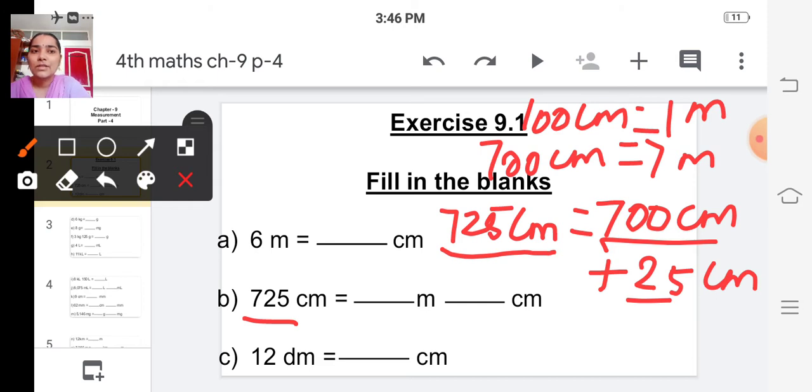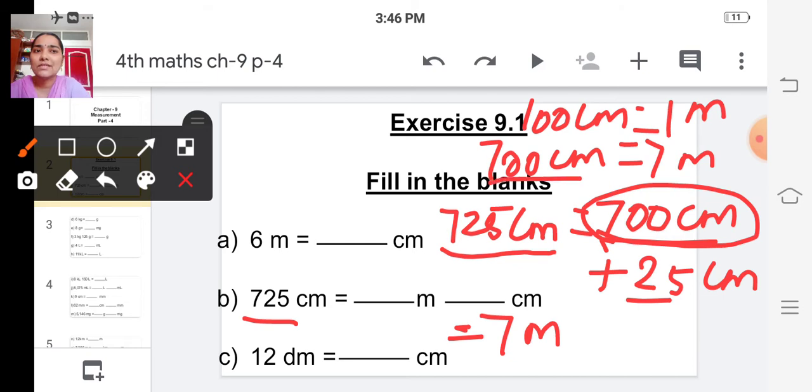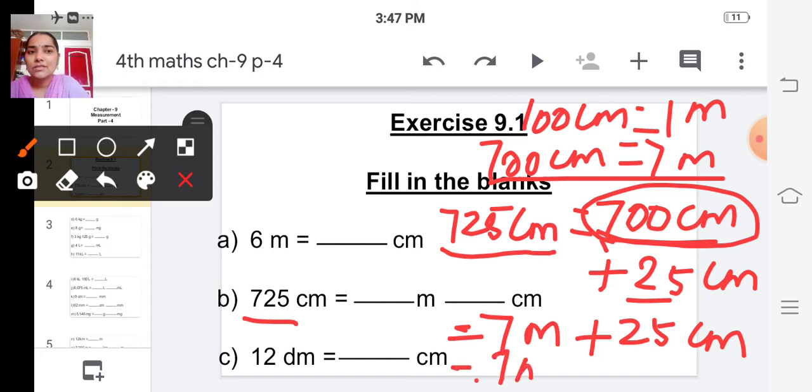So in the next step, what can we write? Instead of 700 centimeter, we can write 7 meter, because 700 centimeter is equal to 7 meter. 7 meter plus this 25 centimeter can be written as 7 meter 25 centimeter.